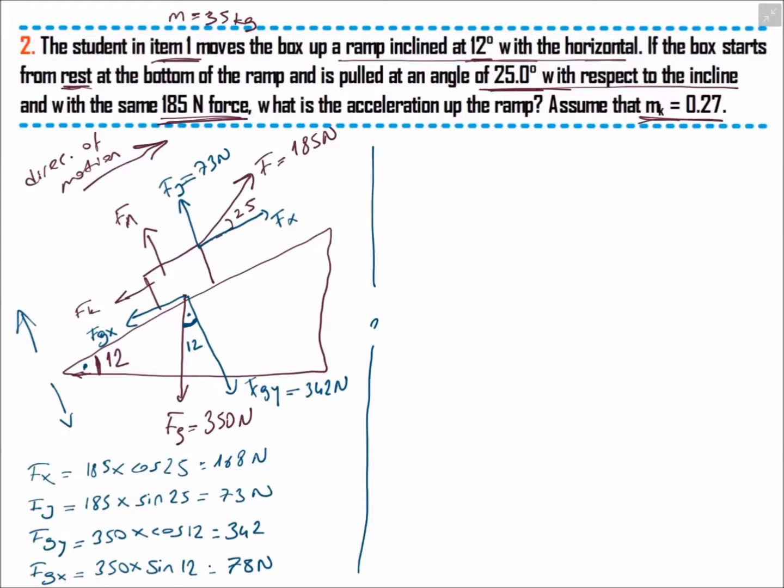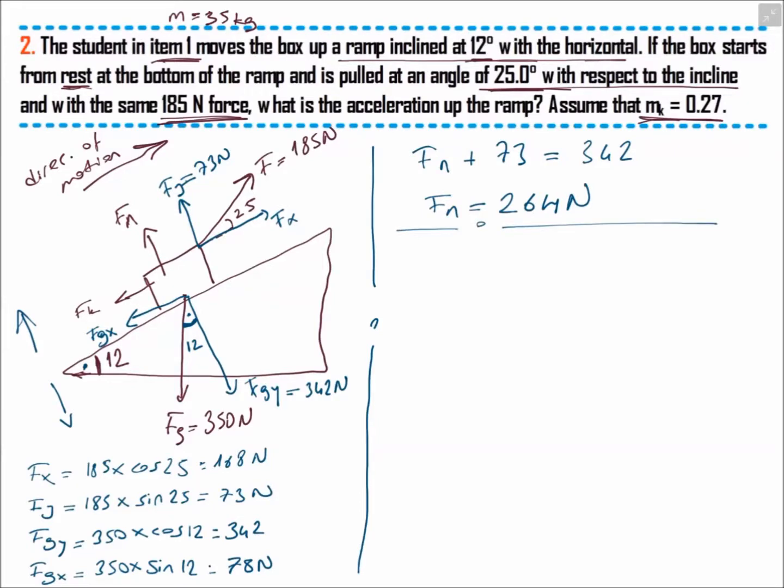So Fn plus 73 must equal 342. So Fn will be 342 minus 73, so Fn will be 264 Newton.